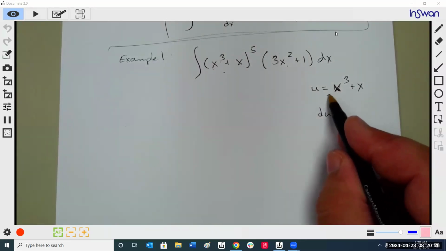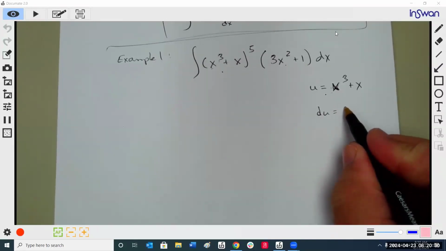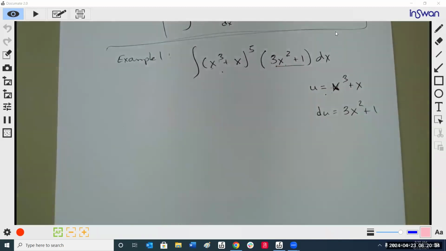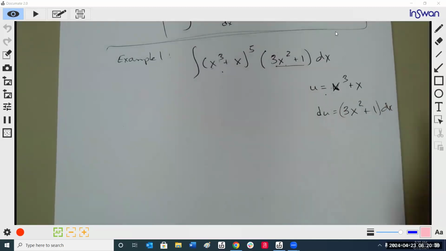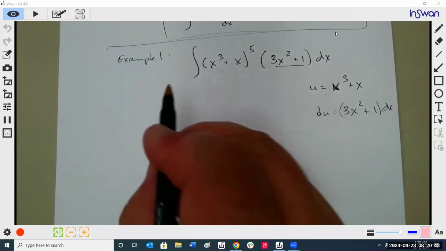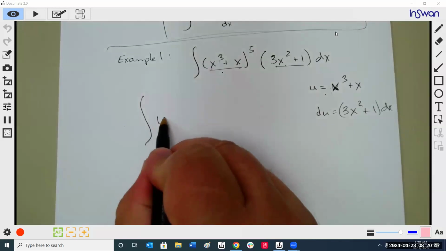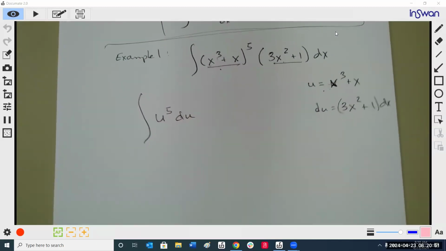All right, let's test it. What's du going to be? 3x squared plus 1. Well, that's exactly what that is. Because remember, du is a function of x. Pretty smooth. So what we have here, this is our u to the 5th, and this is our du.